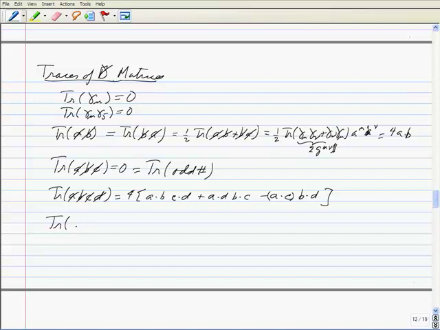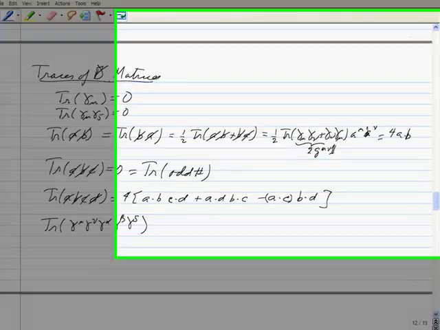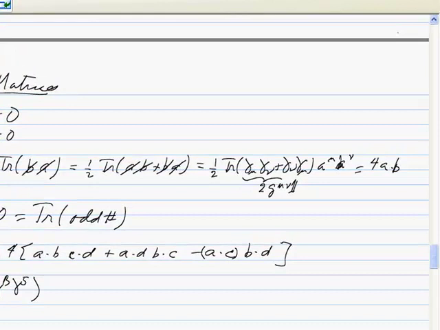Trace of gamma mu, gamma nu, gamma alpha, gamma beta, gamma 5. Okay, gamma 5 doesn't count in this odd number of gamma matrices, because it actually has 4 gamma matrices in it. It's gamma 0, 1, 2, 3. So it counts like an even number of gamma matrices.